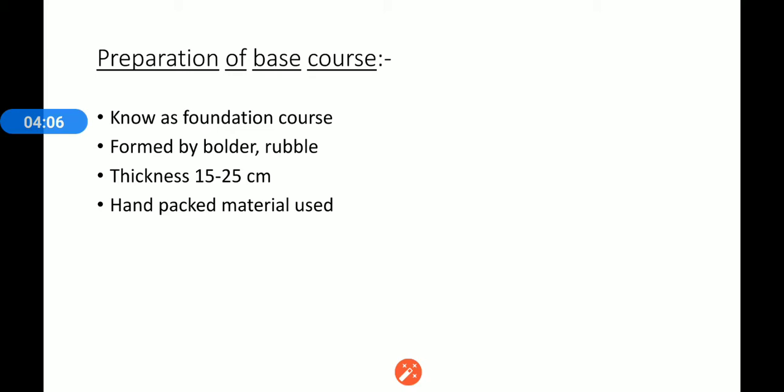Material for this layer is hand packed and it's rolled till a uniform surface is obtained and the material does not show movement under the roller.